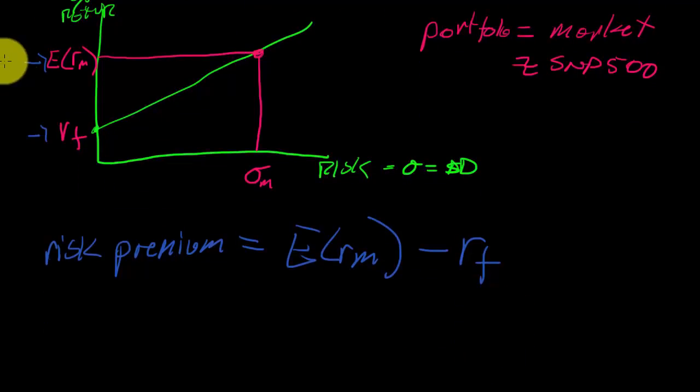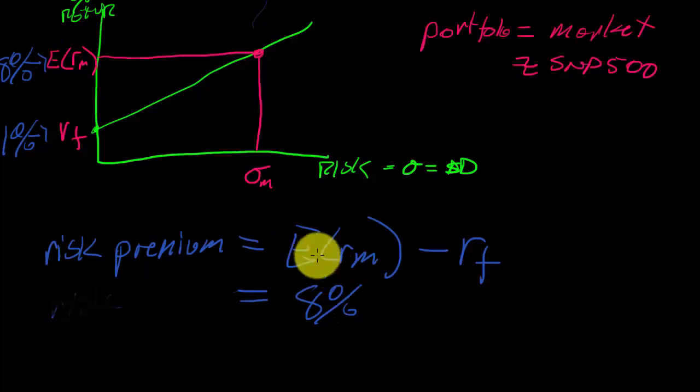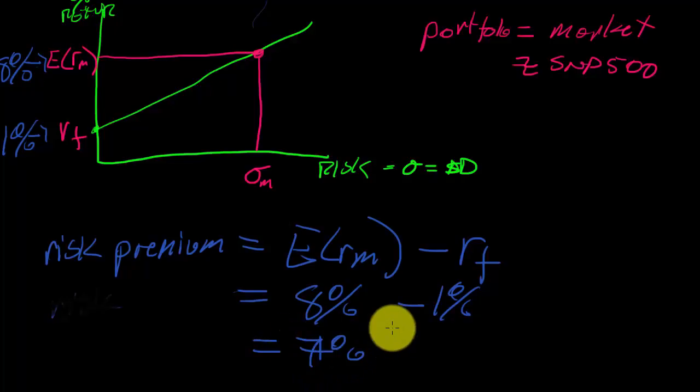Let's just pretend for a second that this is an 8% expected return of the market and the risk-free rate is at 1%. My risk premium is equal to 8% for the expected return of the market and 1% for the risk-free rate. Therefore, my risk premium is 7%.